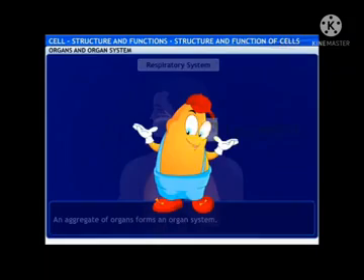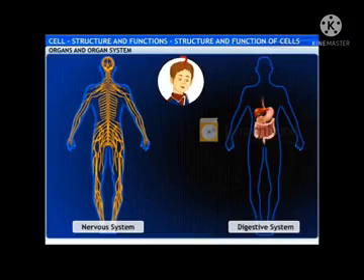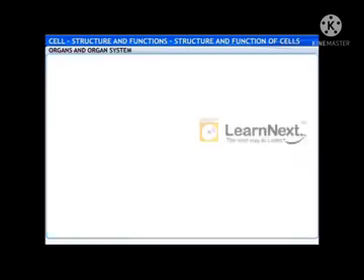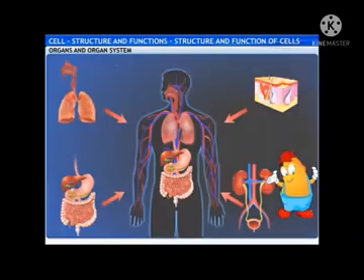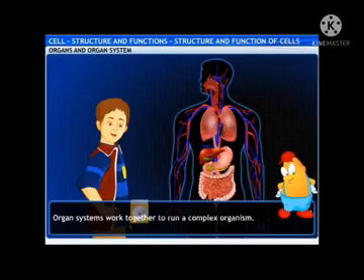Can you think of any other organ systems? Well, there are the nervous system and the digestive system, right? Right. There are many such organ systems in the body. All these organ systems work together to run a complex organism, like you.